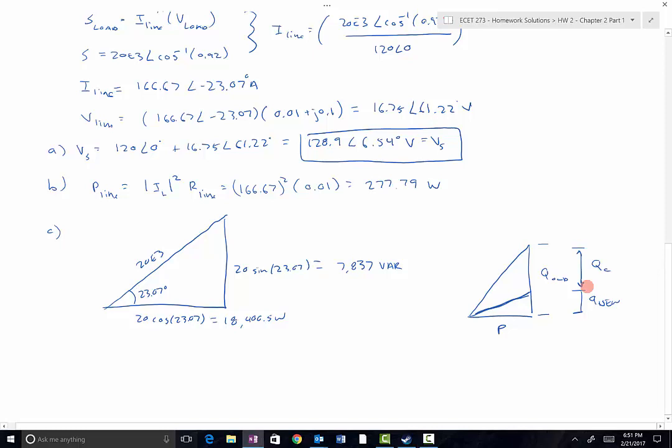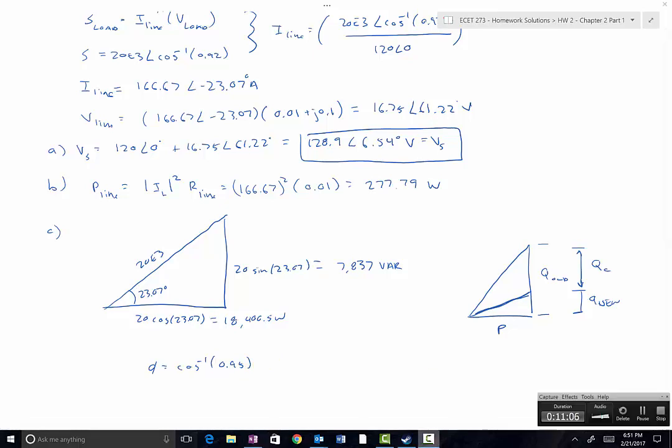So in this case, we were given what the new power factor angle is. We were told that the new power factor is 0.95, so we can just determine the power factor angle from the inverse cosine of 0.95. So we get that value, which is 18.195 degrees.